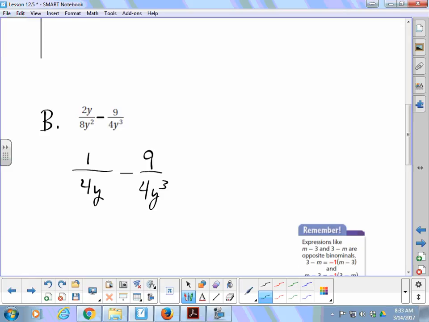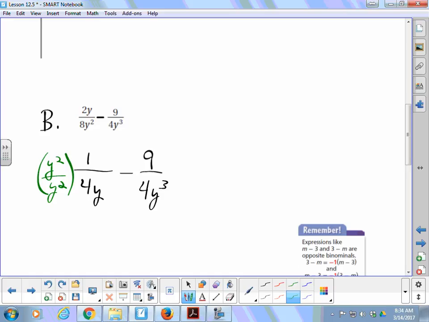So I look to see what one has that the other one doesn't have. In this case, the one on the left has just 4y. The one on the right has 4y to the third power. So I need another y squared, because I need to make this y into y to the third power, and the only way to do that is to multiply. So I'm going to multiply both the numerator and the denominator by y squared, because I want 4y cubed in both of them.